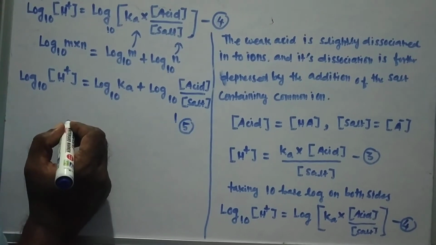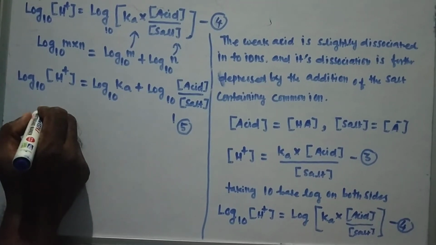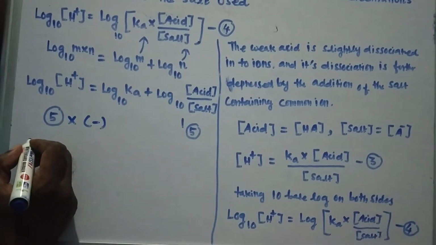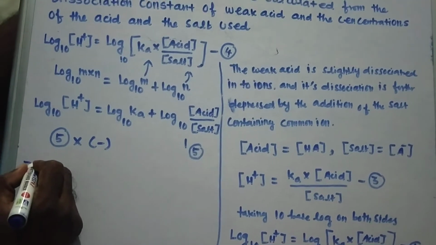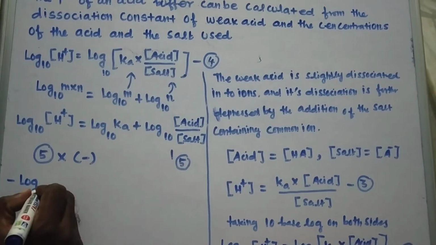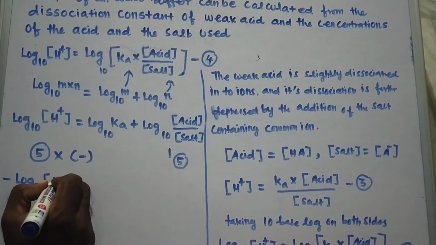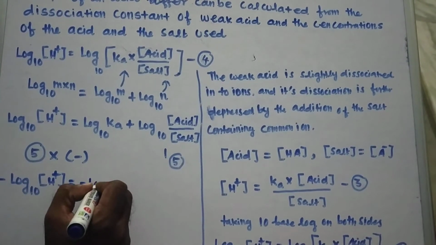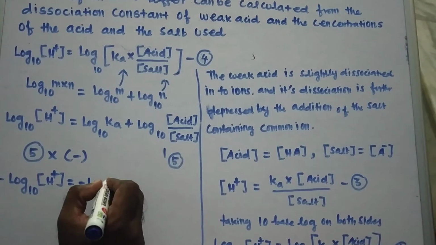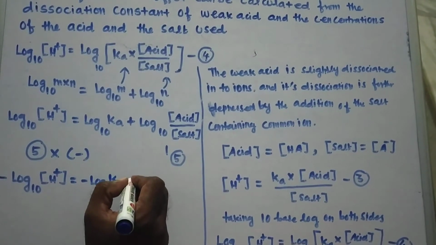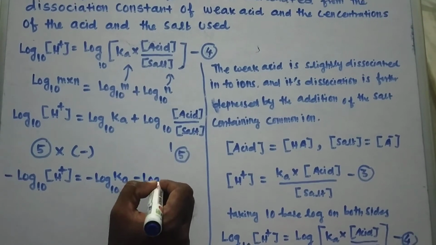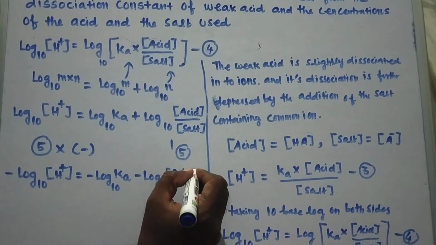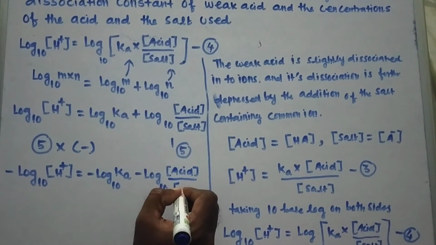Now equation number 5 is fully multiplied by minus. Then equation number 5 into minus becomes minus log base 10 H plus is equal to minus log base 10 Ka minus log base 10 acid by the salt.